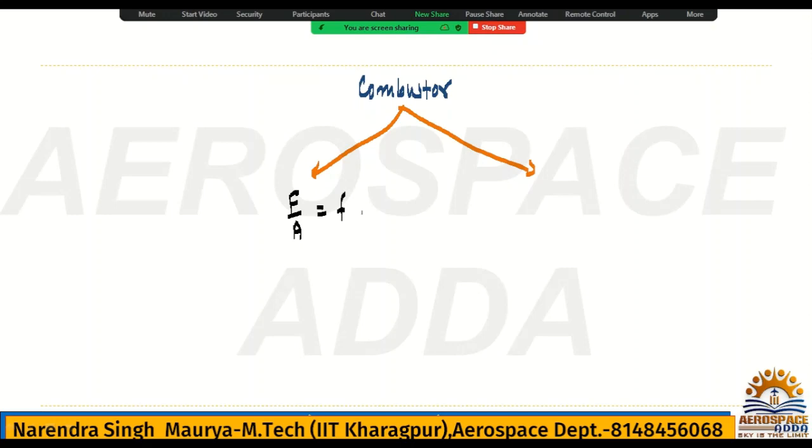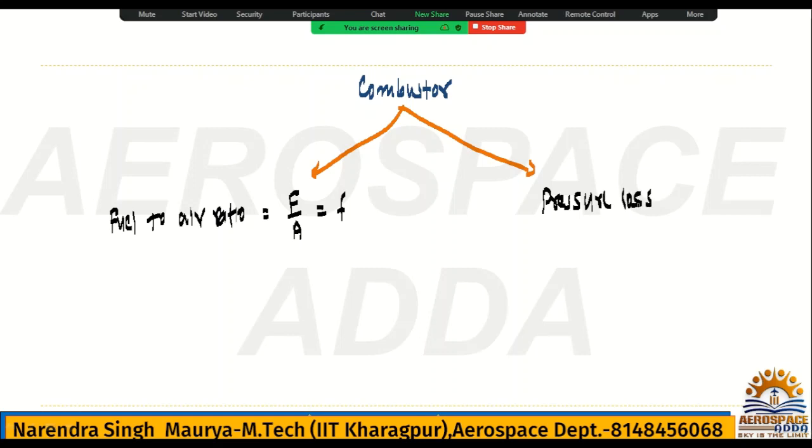Whenever they ask for the fuel to air ratio, you will apply the energy balance across the combustor, then you will get the fuel to air ratio. Number two, pressure loss is sometimes required, because in the combustion chamber there will be pressure loss.